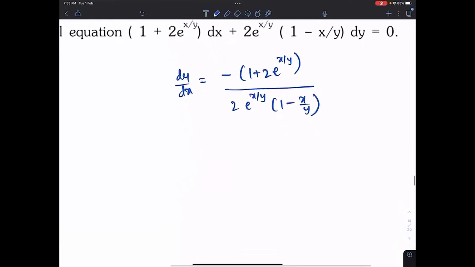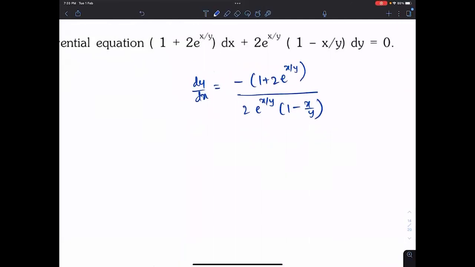Now, y equals vx will not be a good idea here. Why? Because if you put y equals vx, then x by y will be 1 by v. So which one do you like, e^v or e^(1/v)? Obviously e^v. e^(1/v) is more complicated.